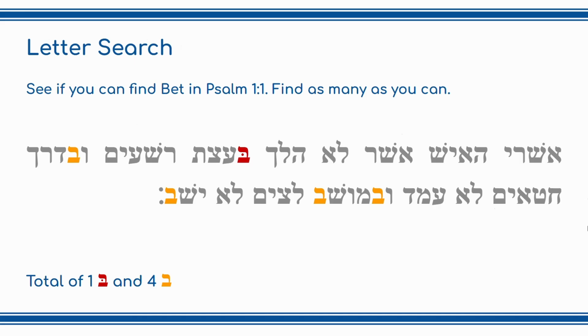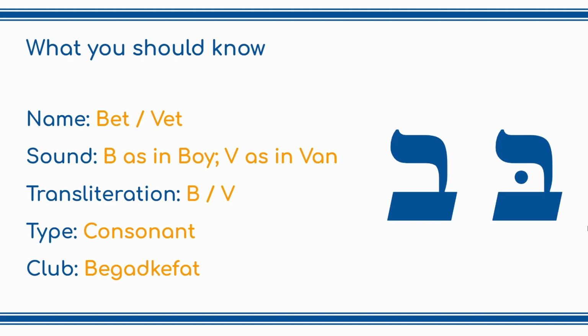Okay? What you should know from watching this lesson: you should know the name of the letter, bet when it makes a B sound, vet when it makes a V sound. The sound of the letters, you should know it makes a B for bet, V for vet. Transliteration, it will be transliterated as a B when it makes the B sound, and a V when it makes the V sound.